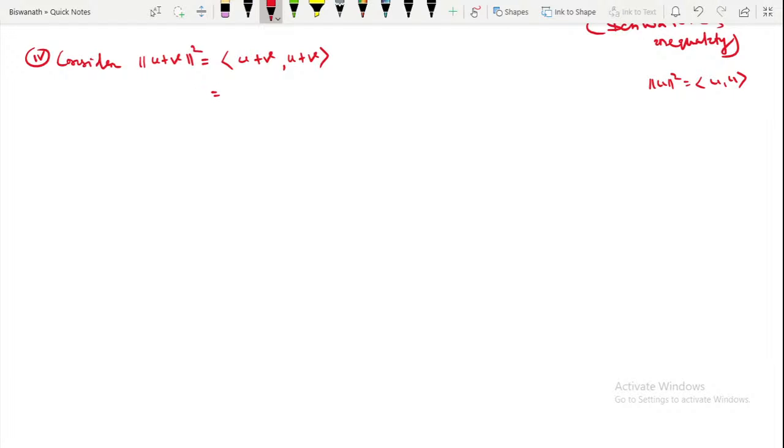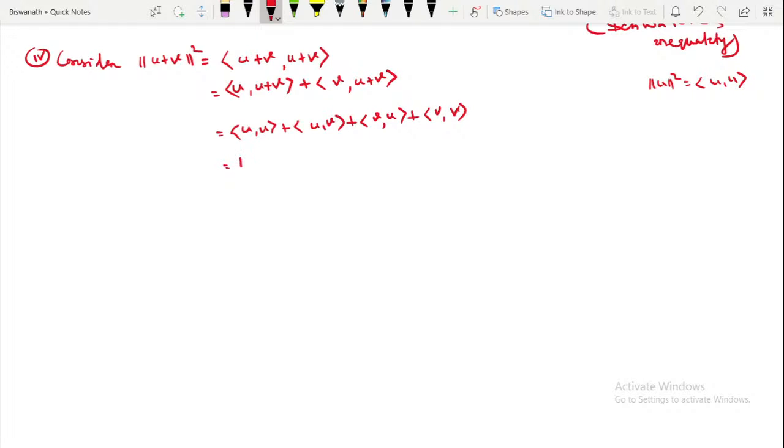So I will write this in a distributive way. I can distribute it from the right: u comma u inner product, u comma v inner product, plus v comma u inner product, plus v comma v inner product.